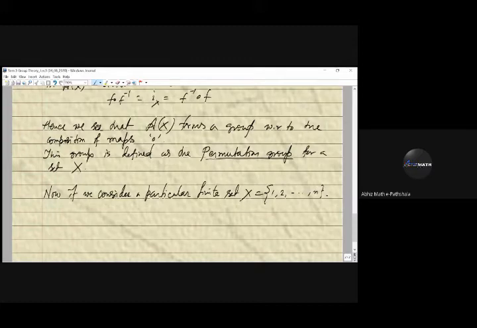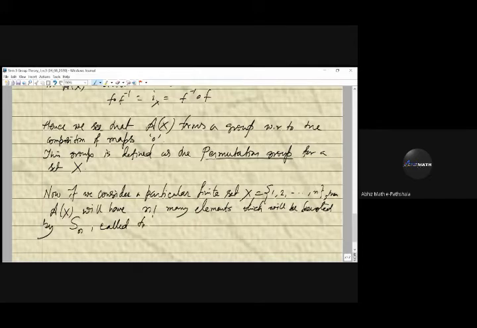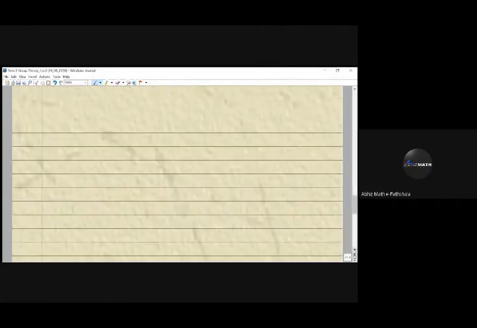Then curly X will have n factorial many elements, which will be denoted by Sn, called the symmetric group of order n.